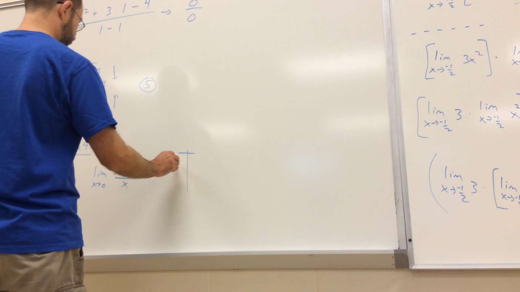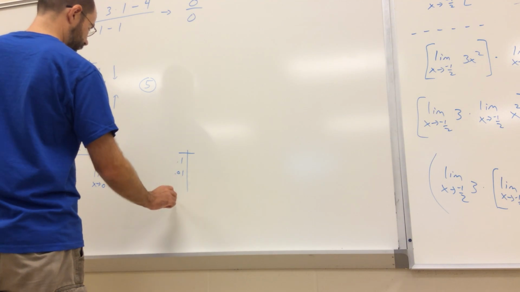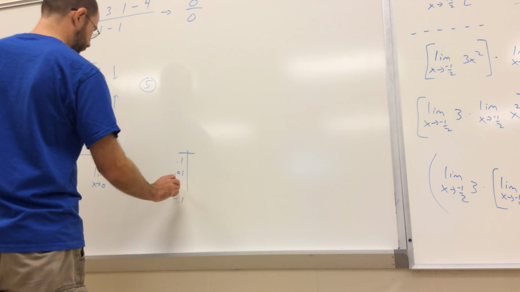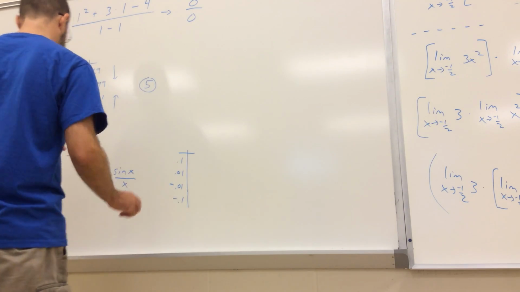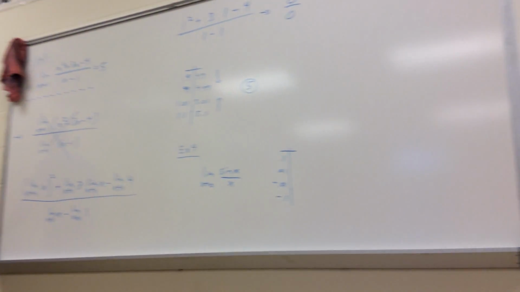So we're going to plug in 0.1 and 0.01 and negative 0.1 and negative 0.01 into our function sine of x divided by x.